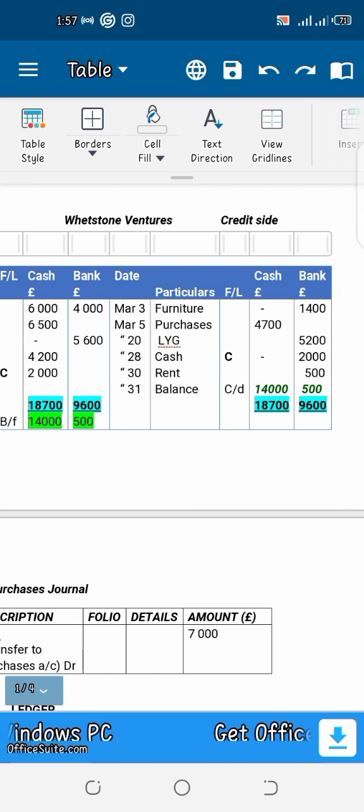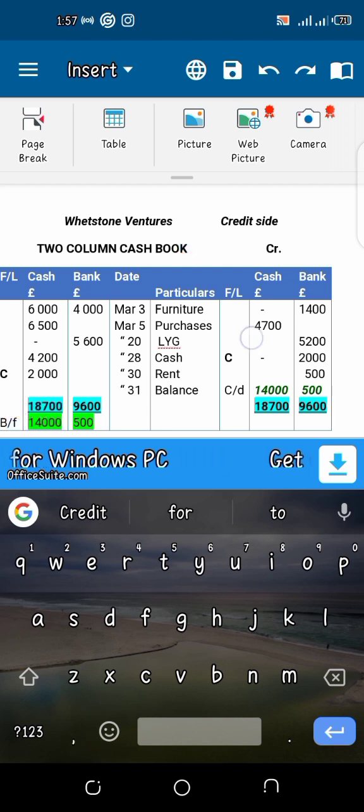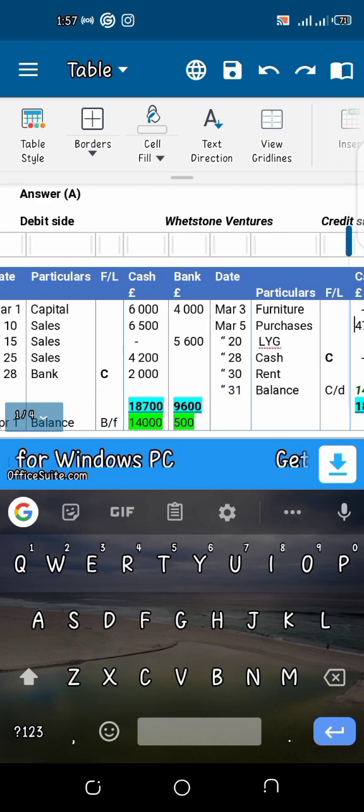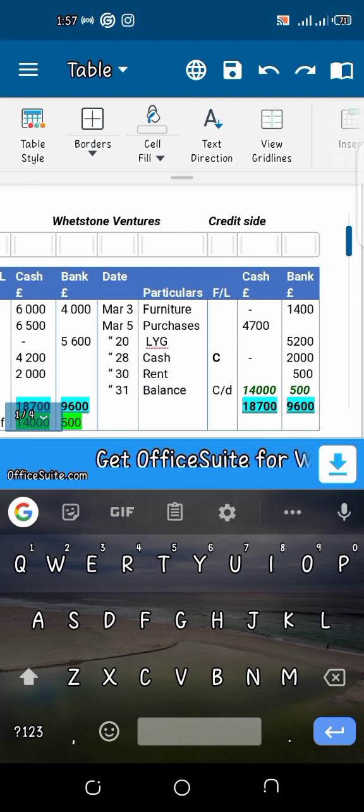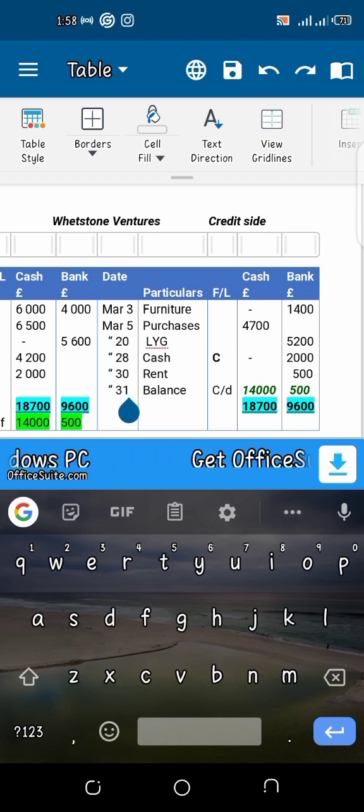At the credit side of the account, we notice that we have only one entry, that is purchases of 4,700 in the cash column. That means that there is going to be a balance. The debit side is showing 18,700 and the credit side has only 4,700, which means there is a difference of £14,000, and that is shown on March 31st as balance carried down.